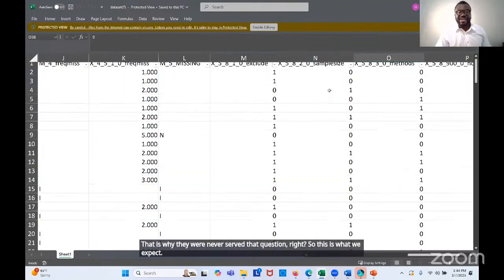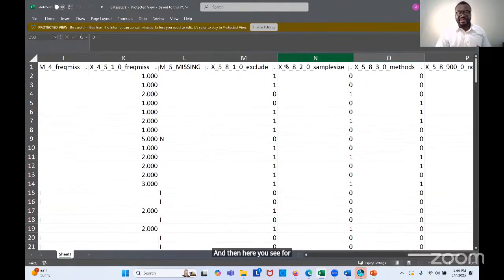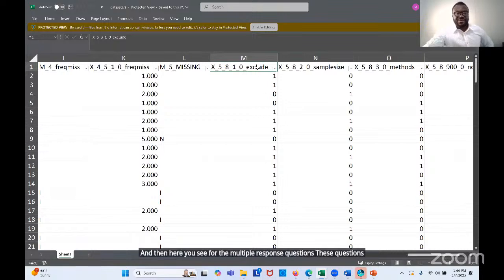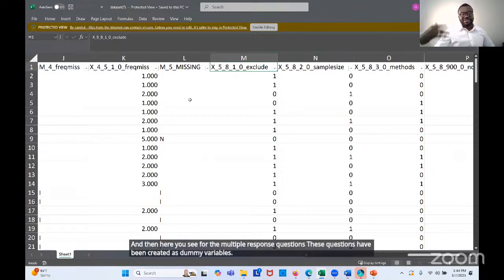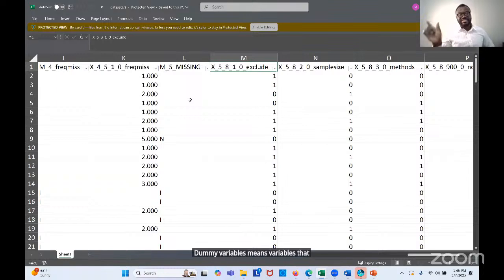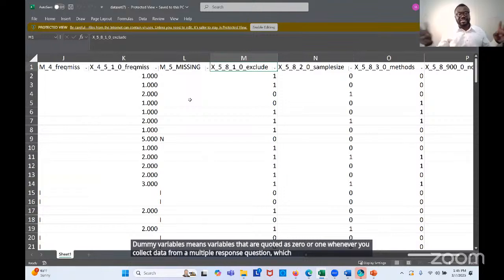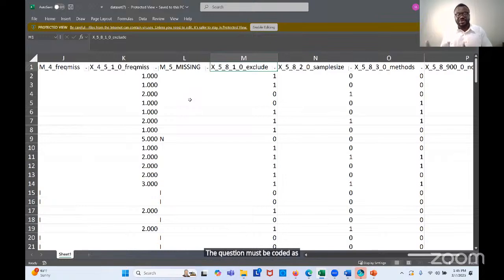And then here you see for the multiple response questions, these questions have been created as dummy variables. Dummy variables means variables that are coded as 0 or 1. Whenever you collect data from a multiple response question, which is select all that apply, the question must be coded as 0 and 1. That's the only way you analyze a question that is multiple response, right?